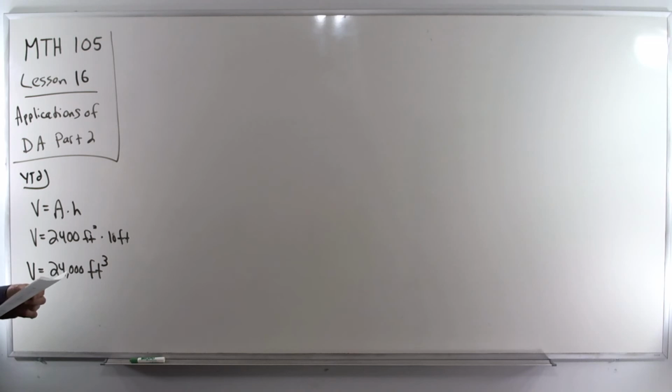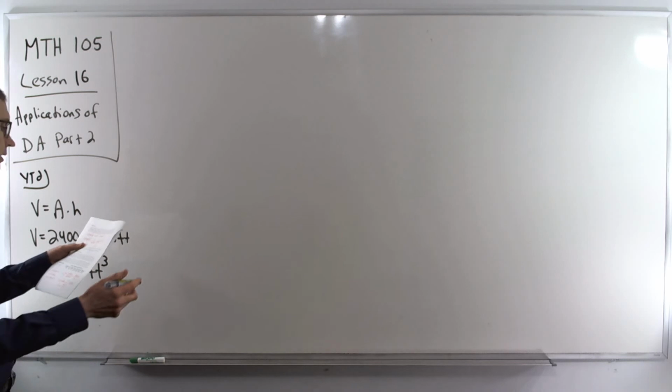Now we need to convert this to cubic meters. And the conversion between feet and meters is, one of them at least, is 3.28 feet per meter.